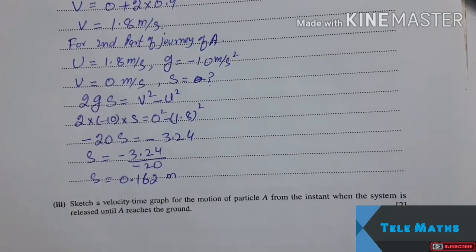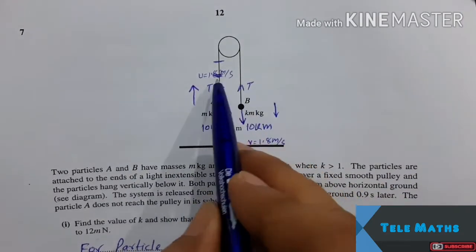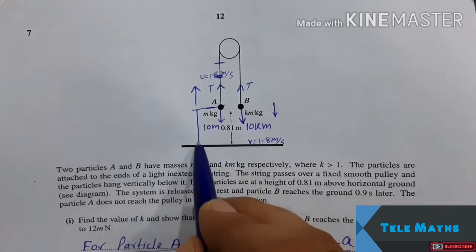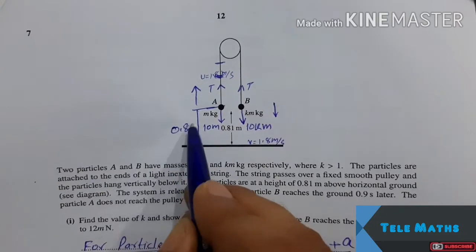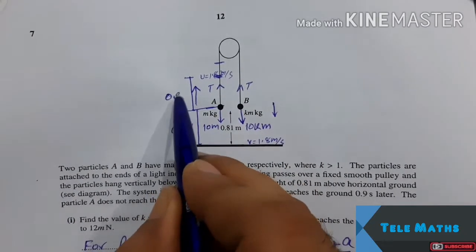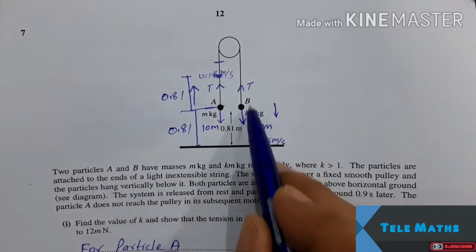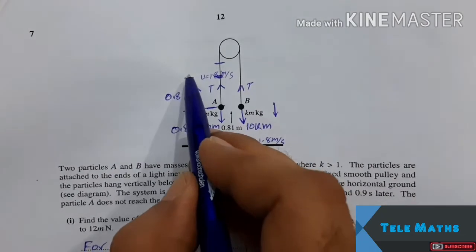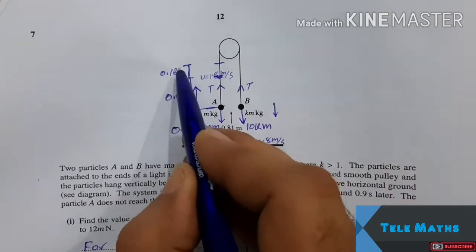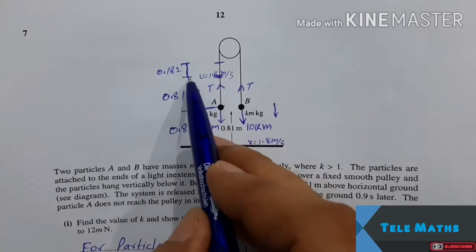So if we see the picture again, this distance is 0.81. This distance is also 0.81 because the distance upward by A is equal to the distance downward by B. And this third portion's distance is 0.162 meters due to inertia, which A covers after breaking the string.